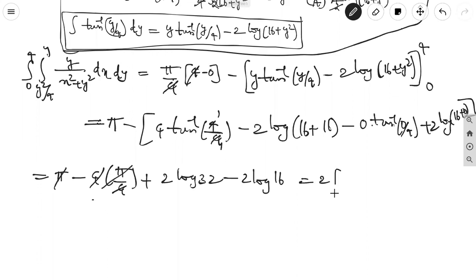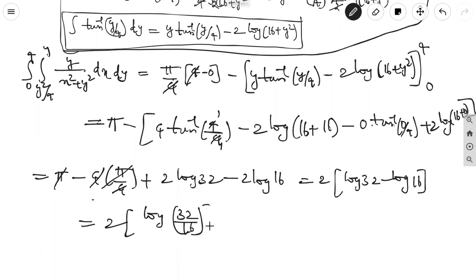It is equal to 2 times log 32 minus log 16. Log A minus log B is log A by B, that is log 32 by 16. 16 twos are 32, so it is 2 log 2. This is the solution.